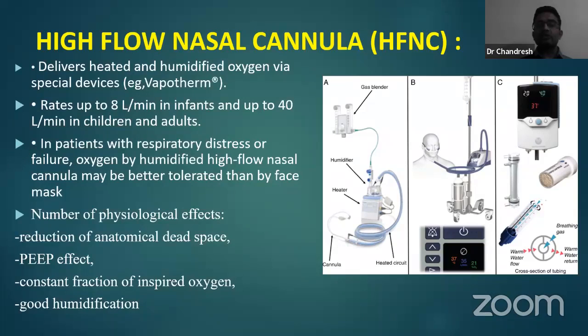This delivers actually a heated and humidified oxygen by the special devices. There will be one humidification device also attached to the high flow nasal cannula pipe tubings, and there will be one heater which will be electronic heater. So it can give up to 8 liters per minute in the infants and up to almost 60 liters in adults, not 40, up to 60 liters we can give.